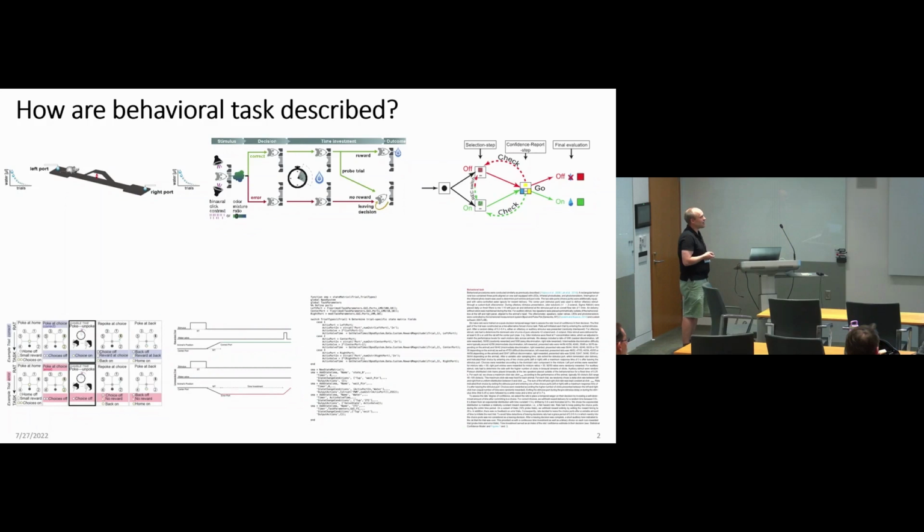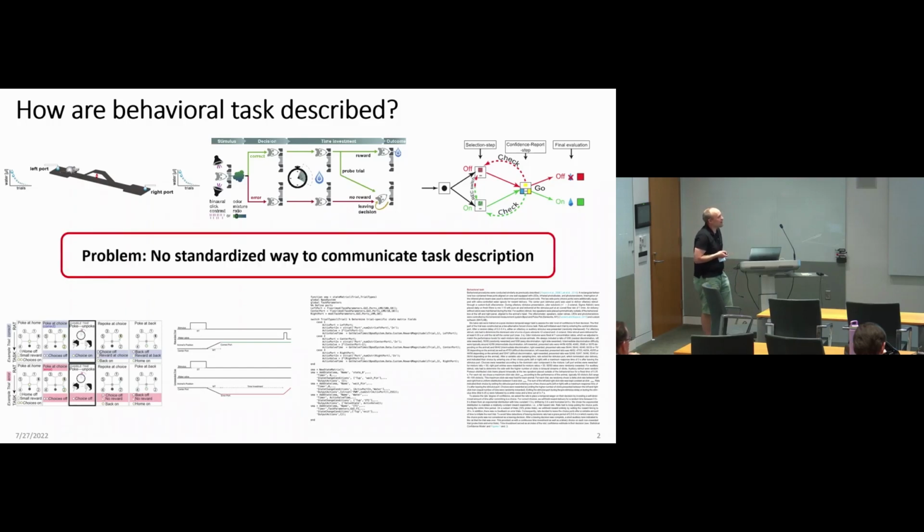How to communicate those tasks depends highly on what type of behavioral task it is, but getting the most information out of each way of describing it is completely different, and it's not really increasing reproducibility. So our goal is to find a way of standardizing behavioral tasks to communicate, describe, but also to reproduce them.